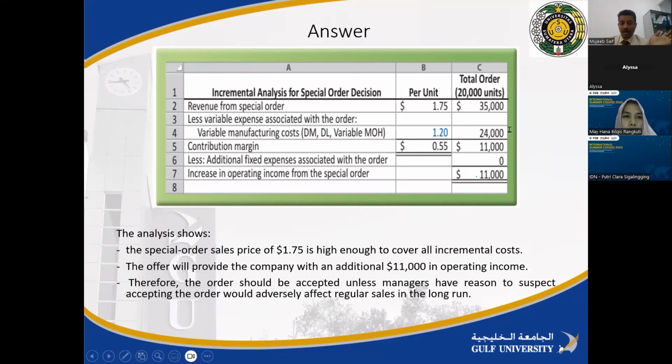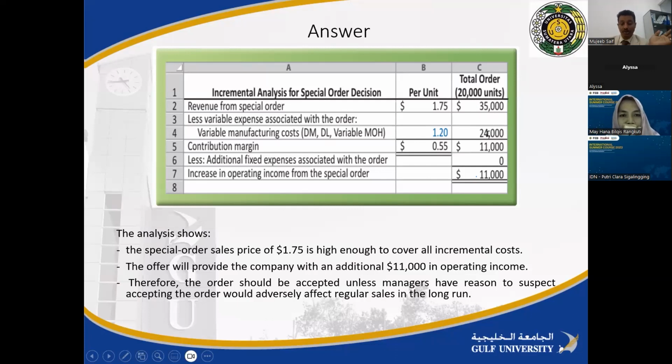So now, based on this report, our additional revenue will be 50,000 and cost will be 1,000. So our revenue is higher than expenses. There will be an increase in operating income of 1,000. That means we should accept this order.